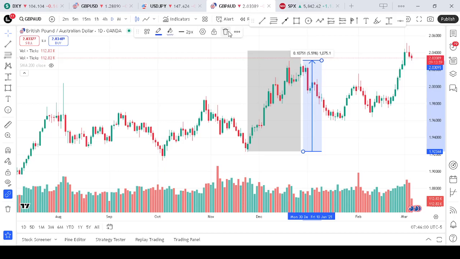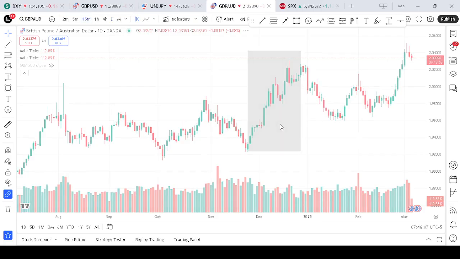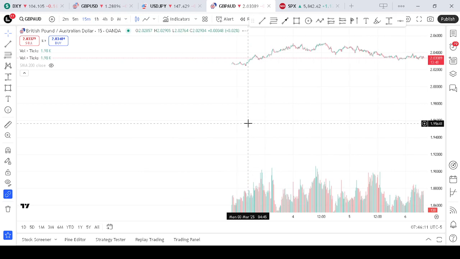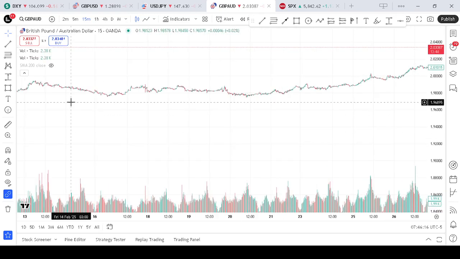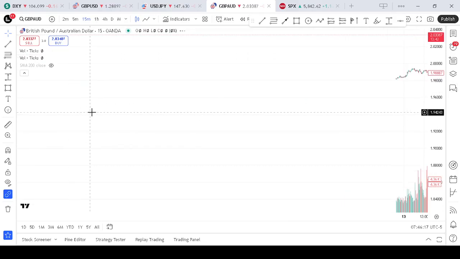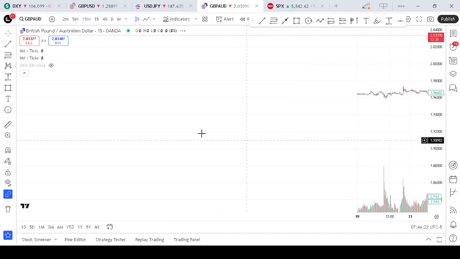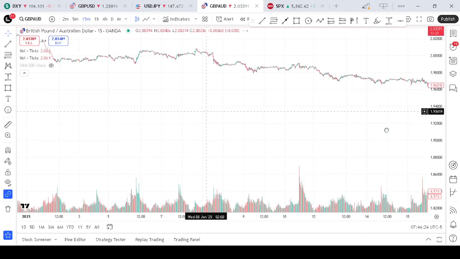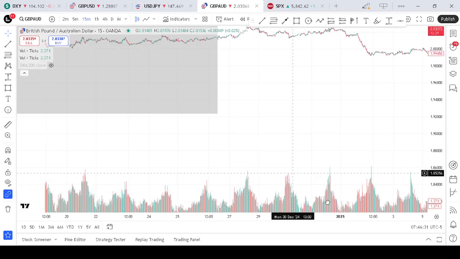Now let's check this on the lower time frame to see if it will be as smooth as this particular area we marked. If we go to the 15 minutes time frame, we'll be seeing a different thing entirely, because it shows us a little bit more market noise, price fluctuations, and indecisiveness in the market. It wouldn't be a clear market pattern like we saw on the higher time frame.